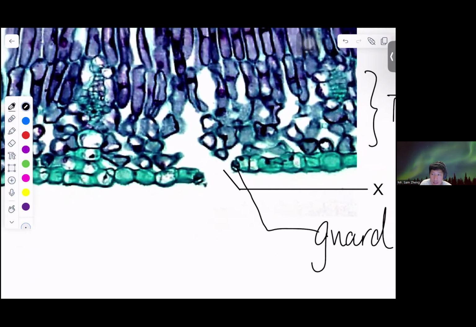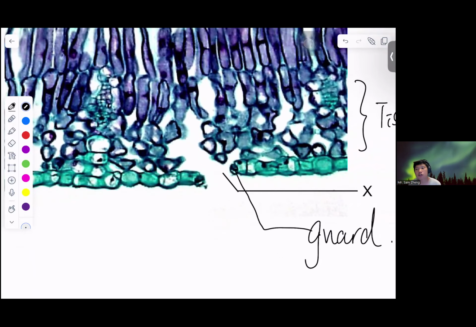When we draw the arrow, this time I did not deduct your marks. What does this mean? We need to draw it from the water theme towards the outside of the leaves. So we should draw it from here, get into it, and from the water theme, diffuse out to the surroundings.